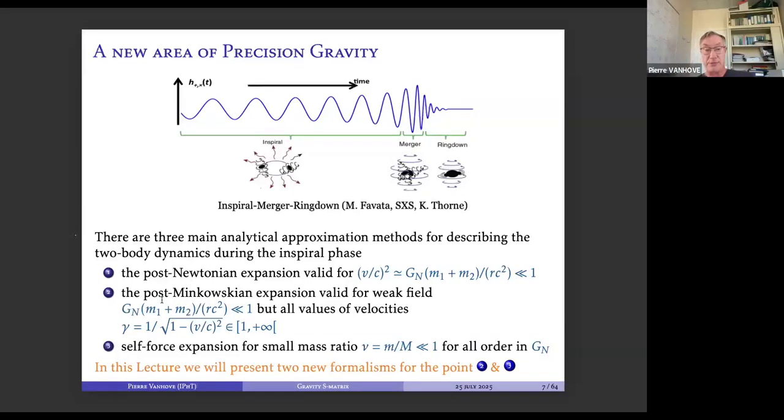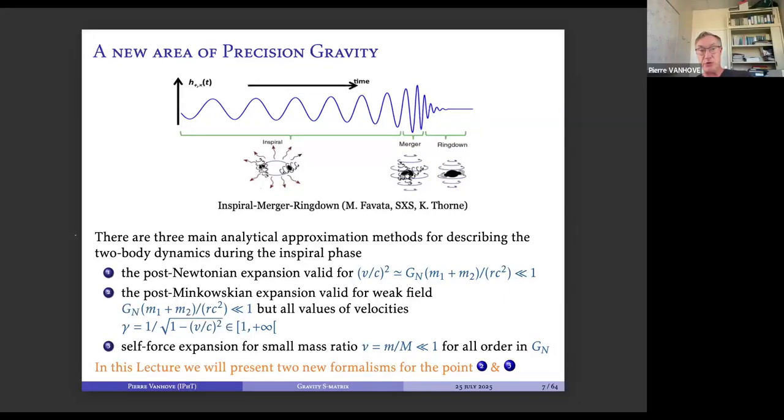There are two ways that people use. One is called the post-Newtonian expansion, an expansion in the gravitational strength, small G expansion, so a weak coupling expansion. And there is as well a small velocity expansion.